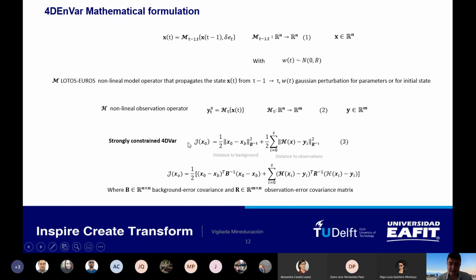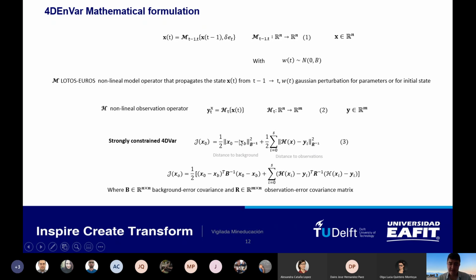There is now the cost function. The cost function in this optimization procedure is nothing more than a metric that you establish between the realities. The reality that I want to talk about here is the background, which could be understood as the update of the initial condition, and this is the distance to the observation and the model.